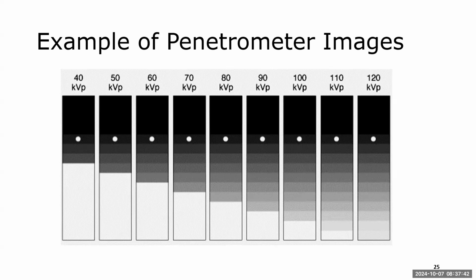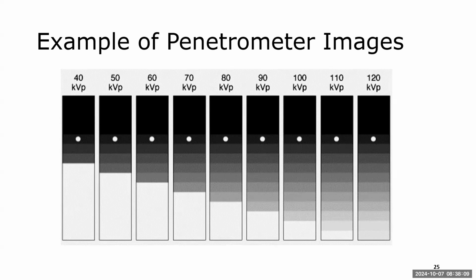Does anybody want to give it a shot as to explain why when kVp goes up, subject contrast goes down, meaning the brightness levels are getting what? Closer and closer together. Why is that? Based off the penetration of the X-ray photons to the IR.